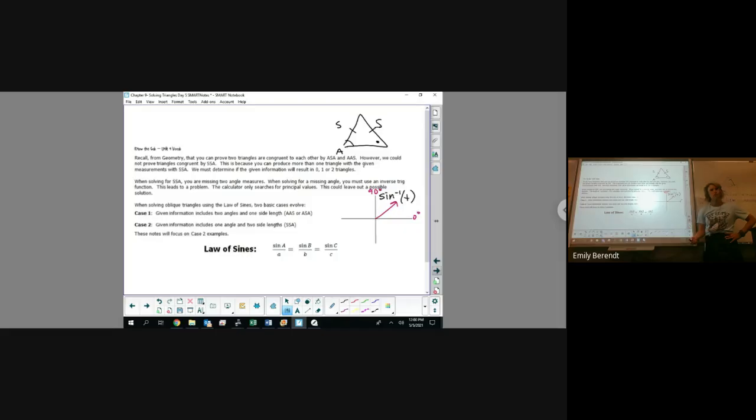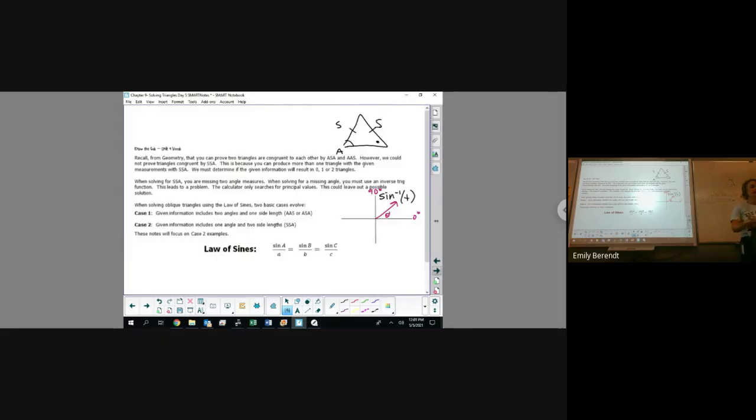Acute. And that acute angle will represent the reference angle, theta prime. Remember from a couple chapters ago, theta prime, the reference angle, is always between 0 and 90. So your calculator can only return you an acute angle.